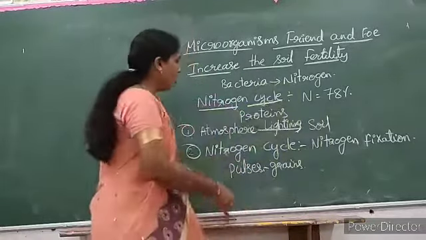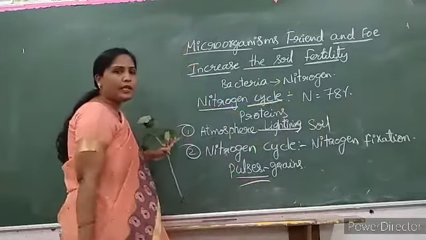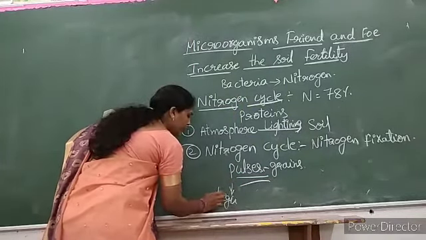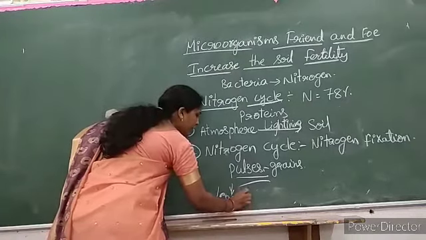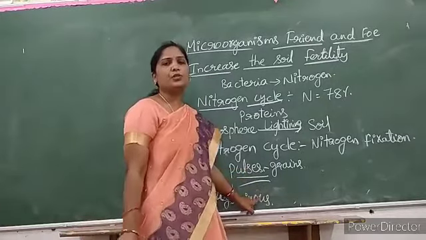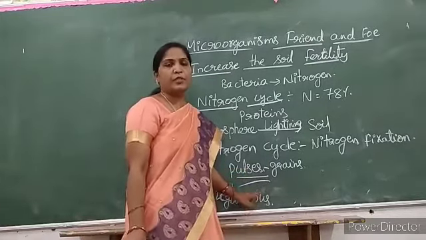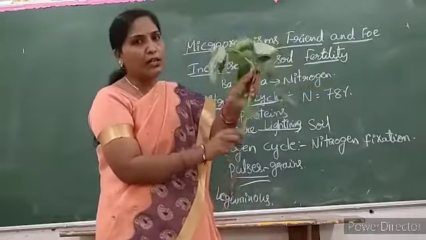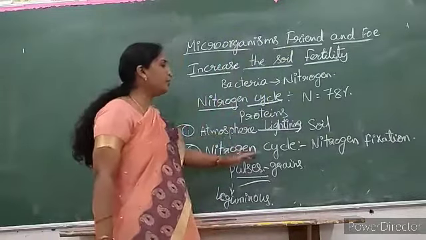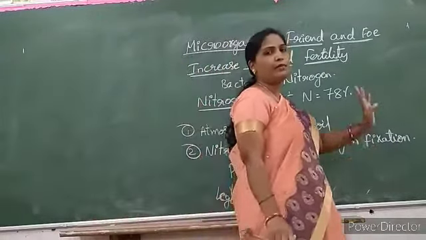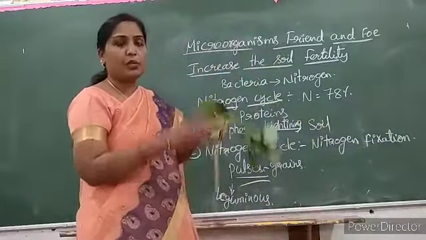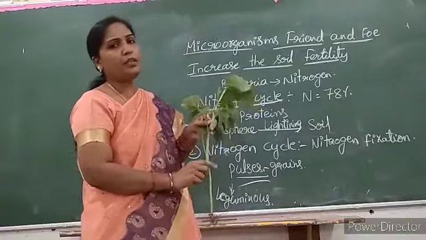In the same way, all these pulses come under one family, the leguminous family. So this is one of the leguminous plants. How this leguminous plant is helping to fix the nitrogen in the soil, we'll see. Why can't other plants do this process? What is the speciality of only the leguminous plant?